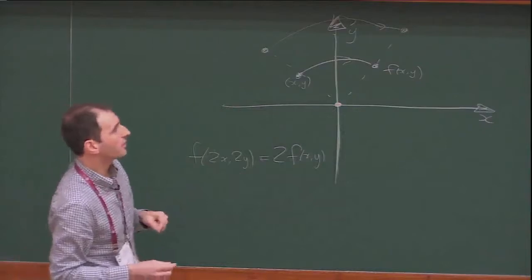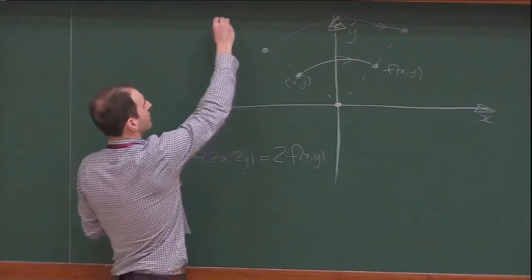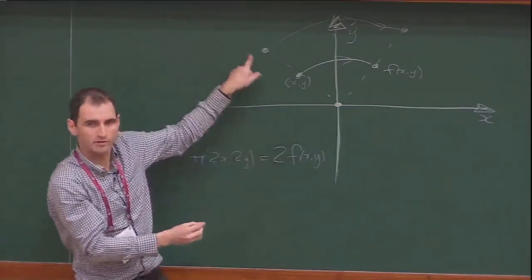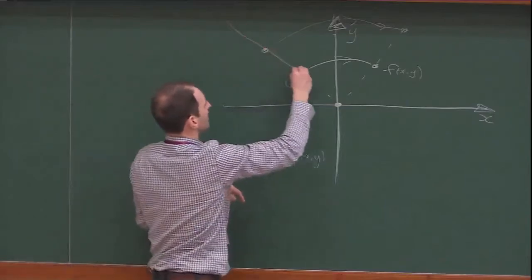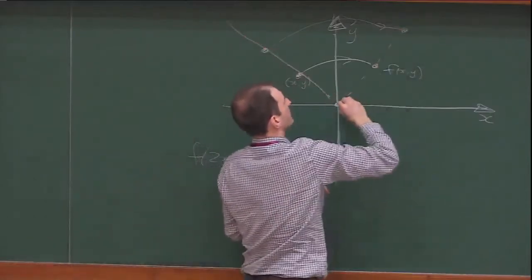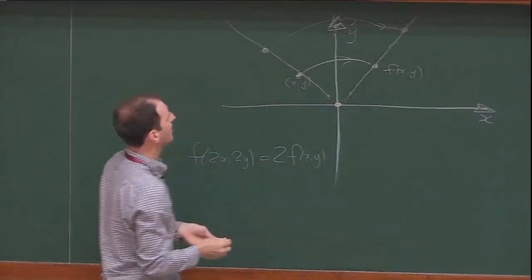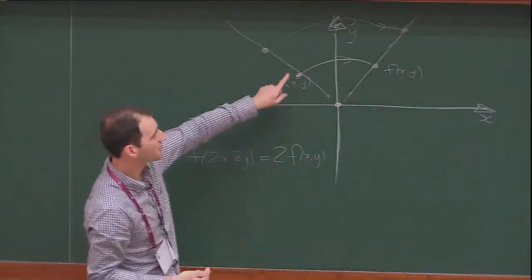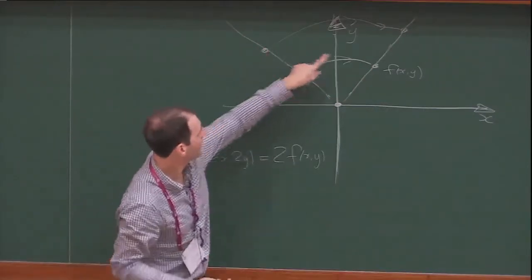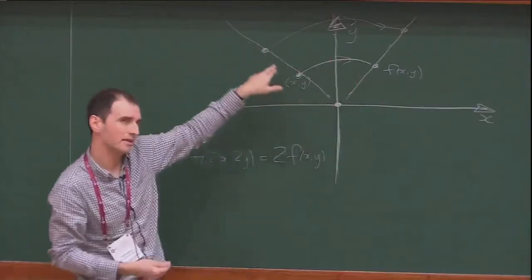So what's happening with the map is that any point on this line is mapped to a point on this line, so that the angle that I undergo is independent of the length of the point.